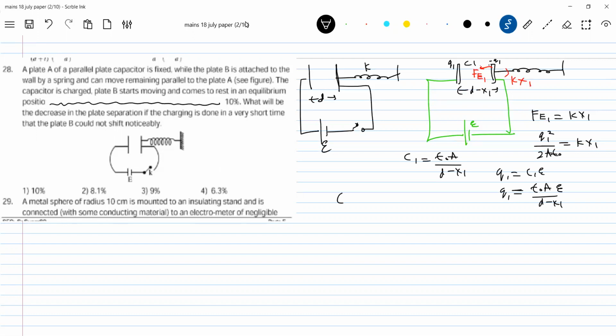So this will be epsilon naught E into D minus X1, whole squared, by 2A epsilon naught, equal to Kx1. Okay, this is the situation.